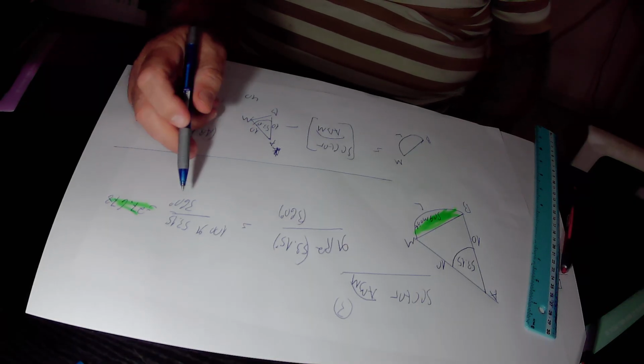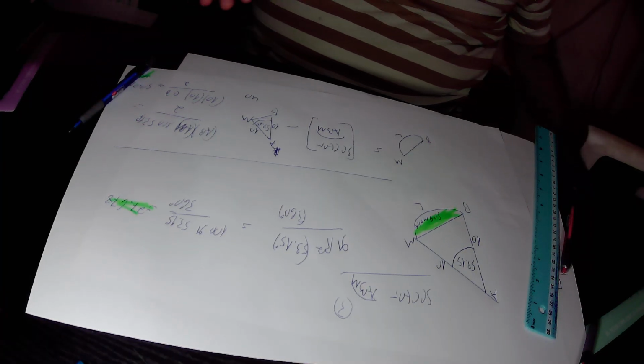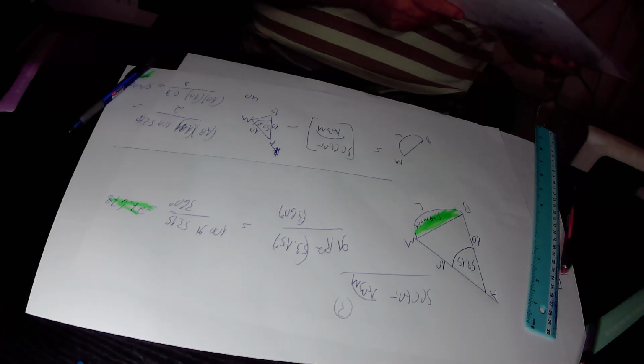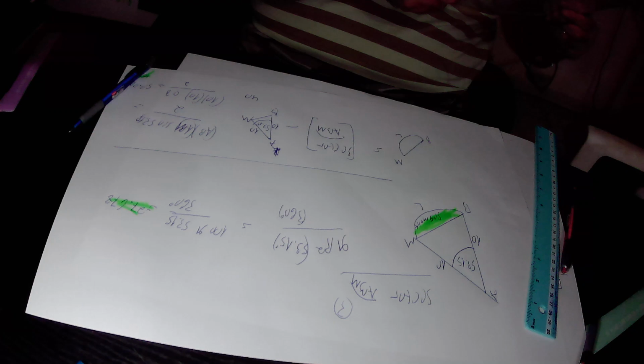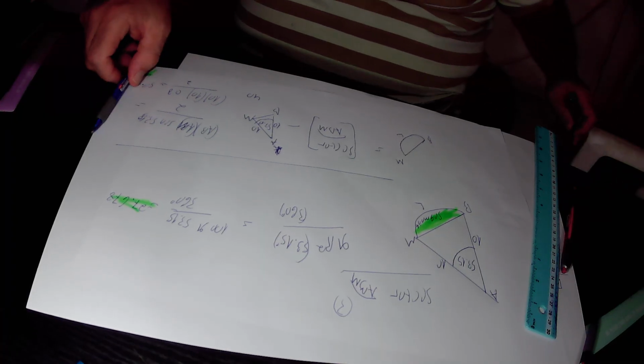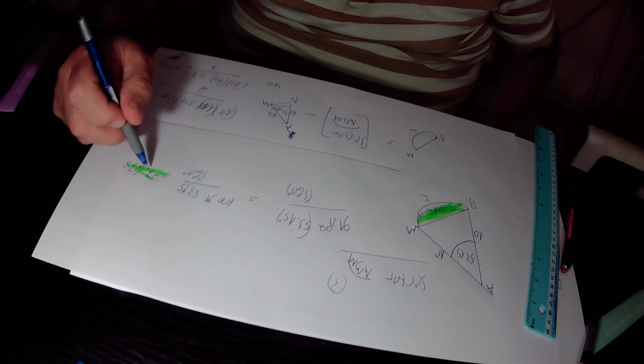Actually, here we have 100 pi over 360 degrees, which is equal to 46.364.